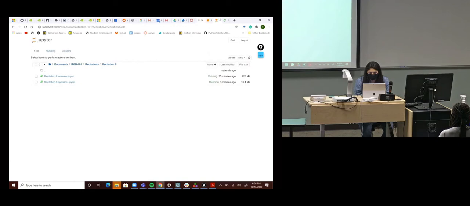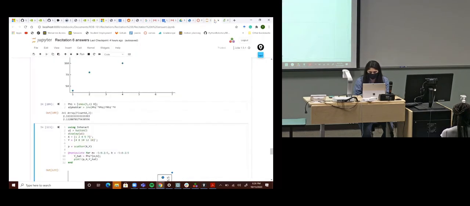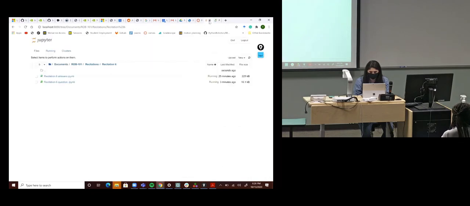Well, let me reopen my Jupyter notebooks. I don't know why it should be this slow. It's just weird.